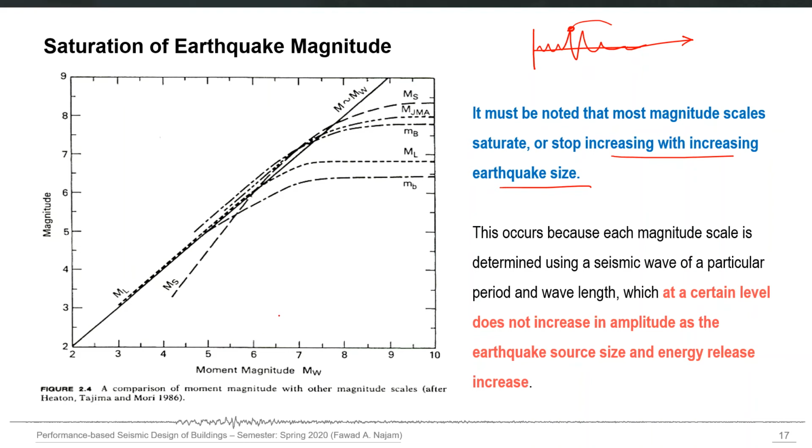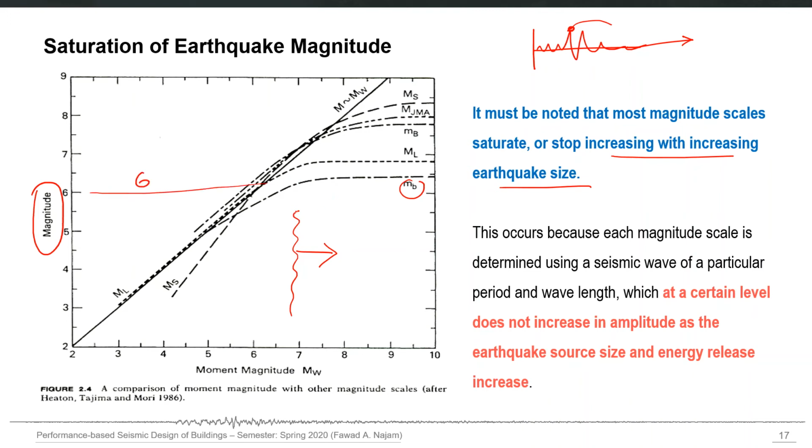So here you can see different earthquake magnitudes on the y-axis. They just saturate as the earthquake magnitude increases from a certain number. For example, after the earthquake magnitude goes beyond 7, most of the magnitude scales will just saturate and give the same peak number. So MB will saturate at magnitude 6.